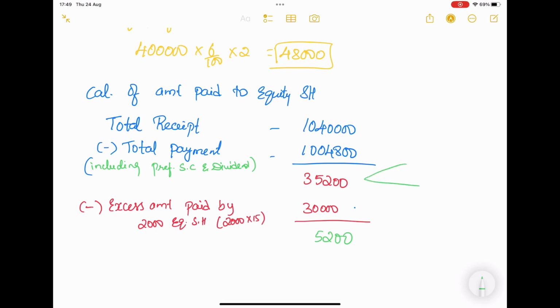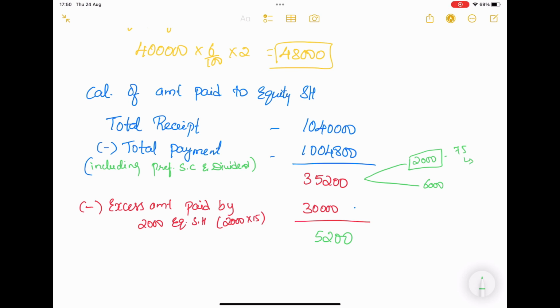Yes, we have two types of equity shareholders. This 2,000 is the number of shares. So we have 2,000 shares and 6,000 shares. We are going to pay the first shareholders, those 2,000 shares, but they have paid up only 75. So in that 75 we are not going to pay them full value.